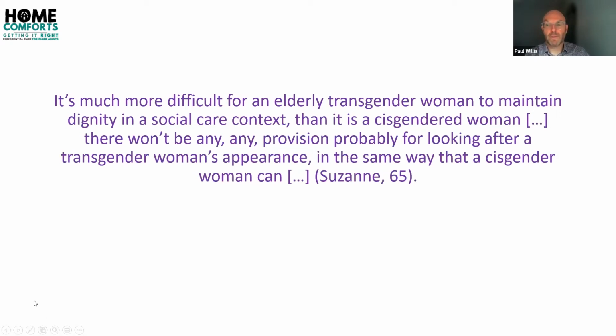So just to clarify, the word cisgender that Suzanne's using there often applies to people whose gender identity aligns with the sex assigned to them at birth. So in this quote, Suzanne's airing her concerns that she won't be treated in a dignified way, or will be stripped of her dignity if she had to receive social care services in later life, and that there'd be unequal treatment in the way that trans women would be treated compared to cisgender women.